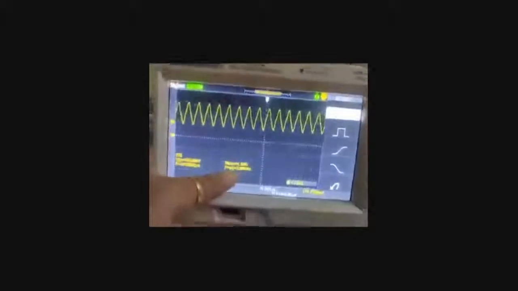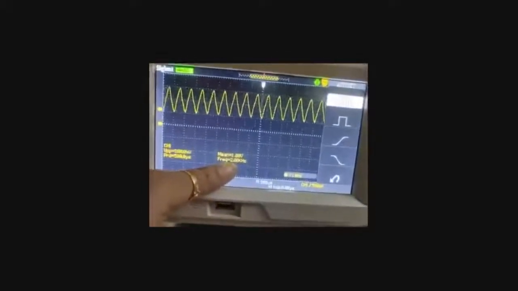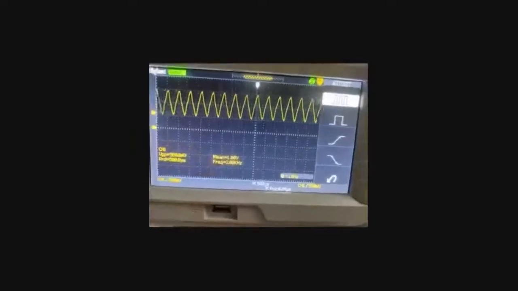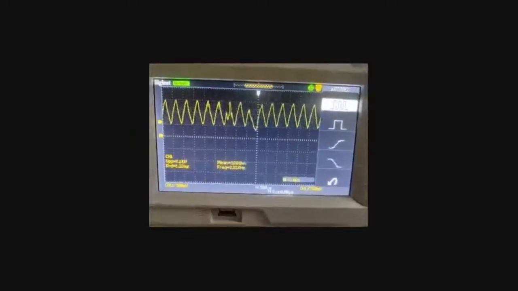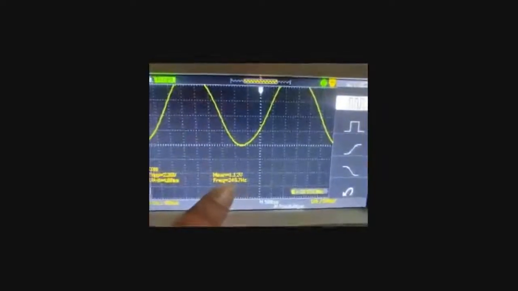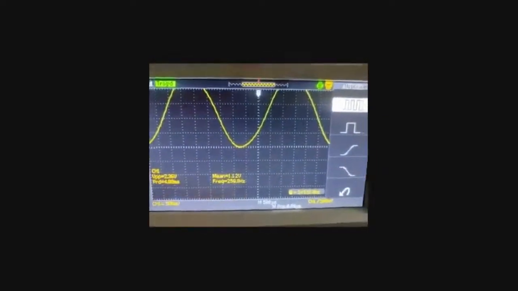Next, the third channel is 2 kilohertz, that we gave at the input of the transmitter section. At the output we are getting our proper signal, 2 kilohertz. Then the last one, OUT34: this one is the 250 hertz that we gave in the function generator.